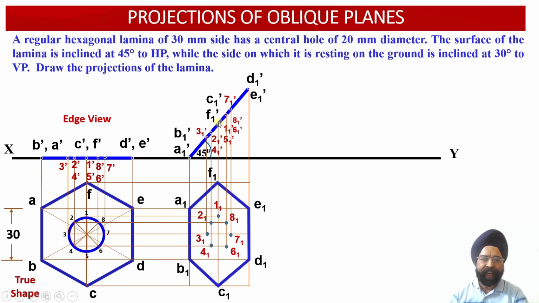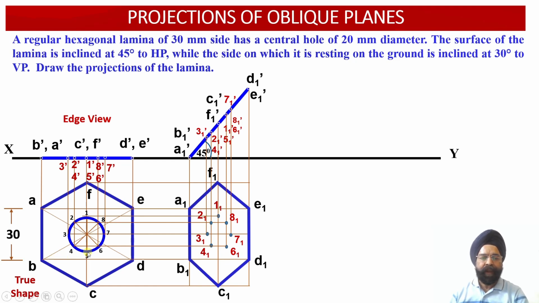So this point is 1-1 dash. From this point, when we bring the vertical projector in the downward direction, it is going to intersect with the horizontal projector drawn through the point 1 over here. This provides us with the location of the point 1-1 in the top view projection.